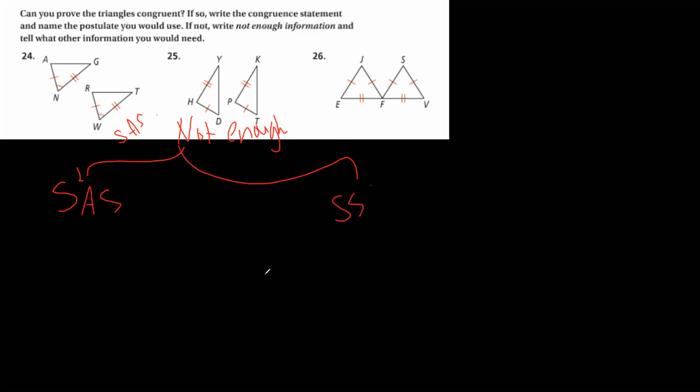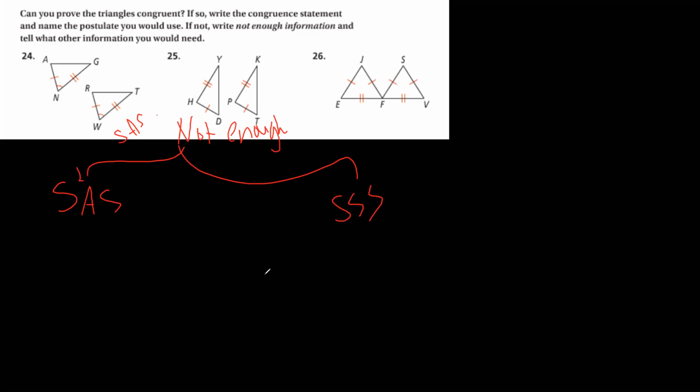Here I will say not enough information, here I will use SAS. For the not enough information, if I want to use SSS, what's the third piece of information I need? A third side.